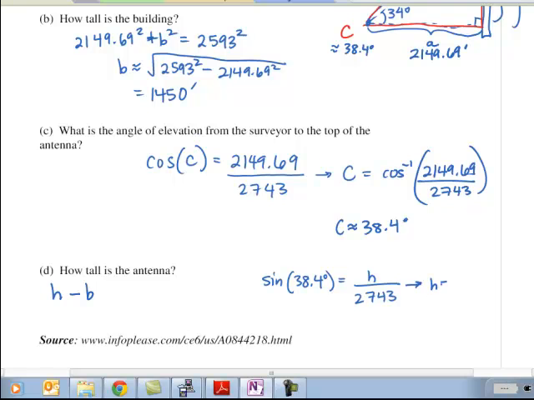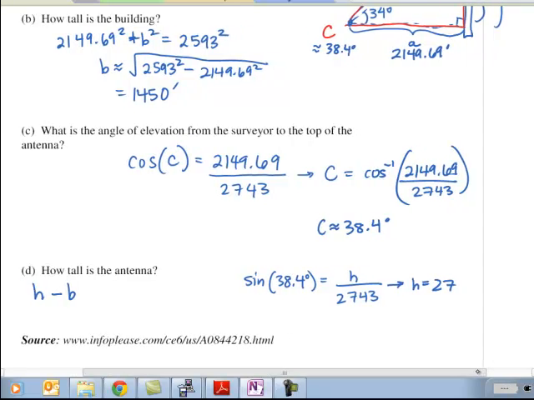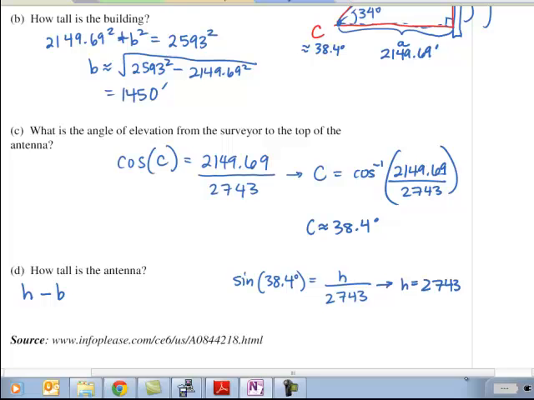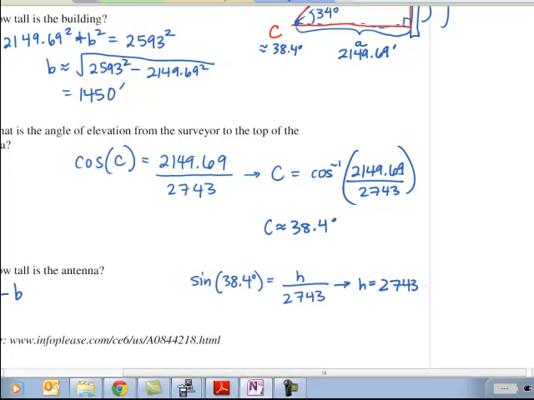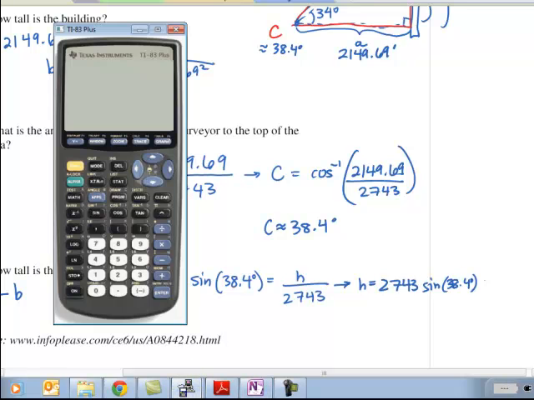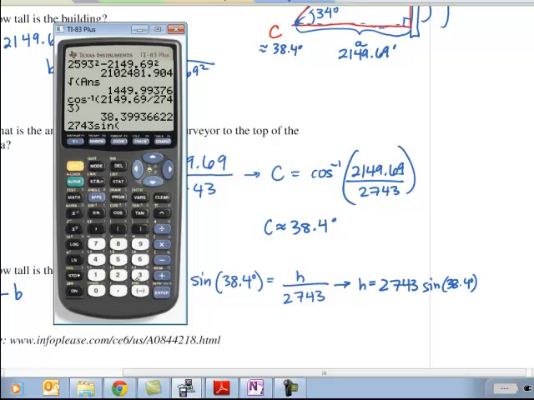So H would be 2743 times the sine of 38.4 degrees. We need a calculator for that. Looks like 1703.8.